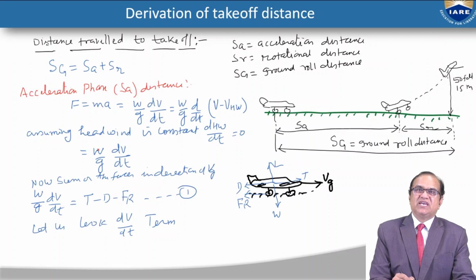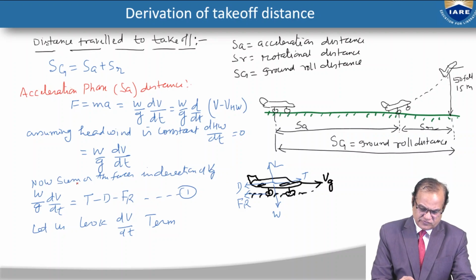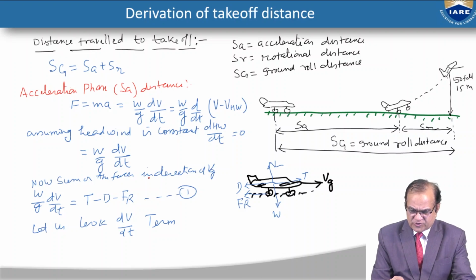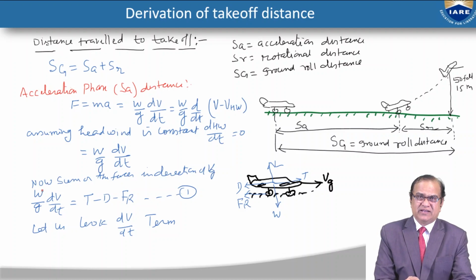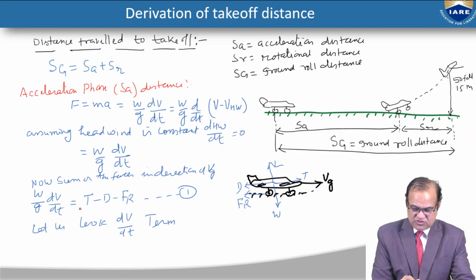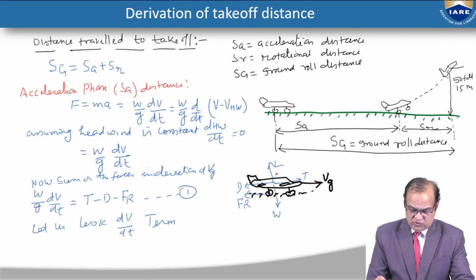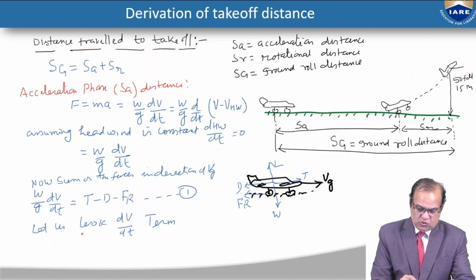So this is equal to W by g into dV by dt. Now the sum of the forces in the direction of V: W by g dV by dt is equal to T minus D minus FR.